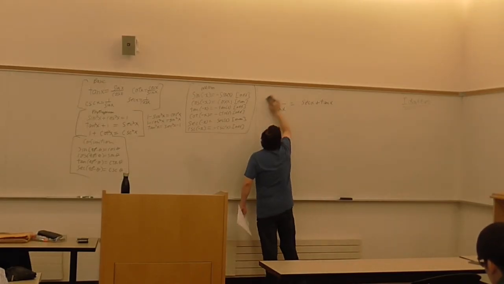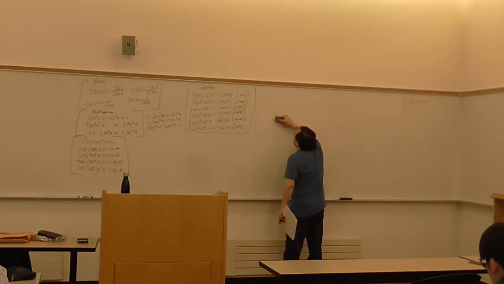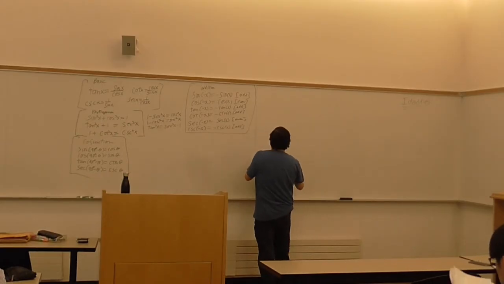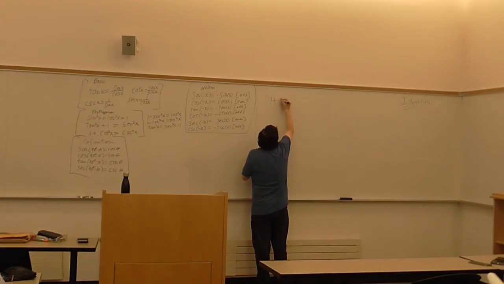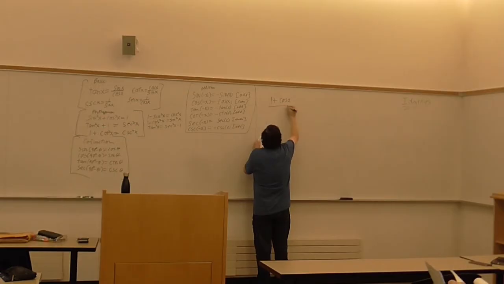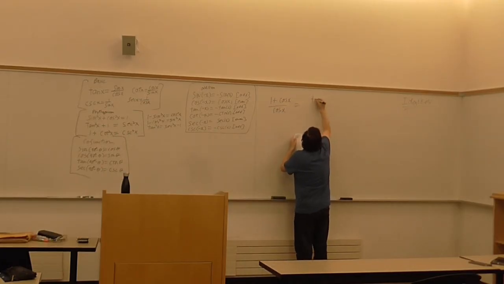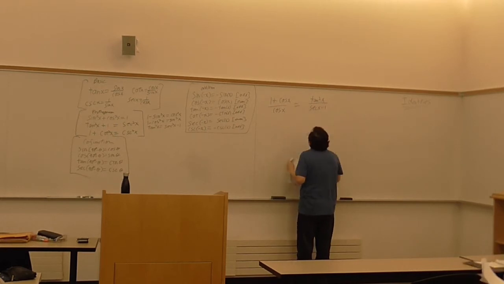I mentioned this before. Let's take a look at an example. 1 plus cosine of x over cosine of x, and tangent squared x over secant x minus 1.